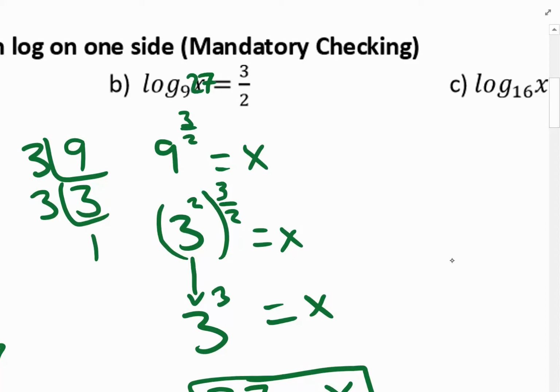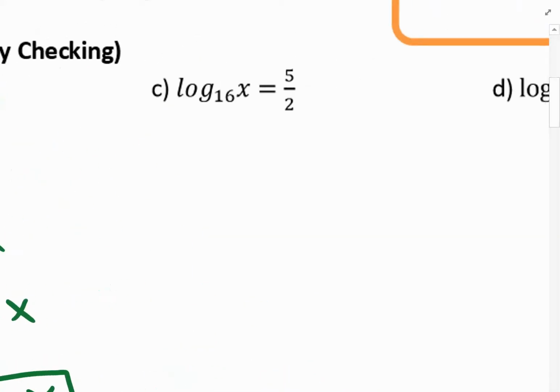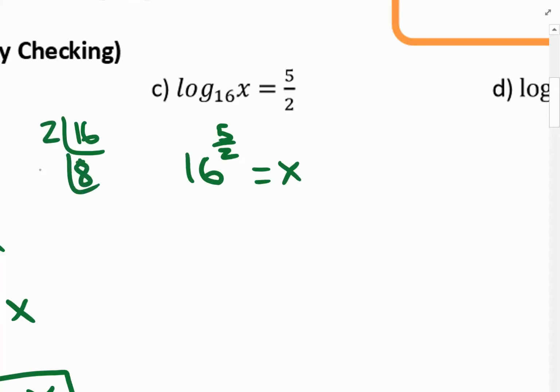Next one. We switch forms. First, last, middle. Then we hedge. 16, if you want to divide by 4s, go for it. I'll divide by 2s to get 8. 2, 4, 2, 2, 2, 1.